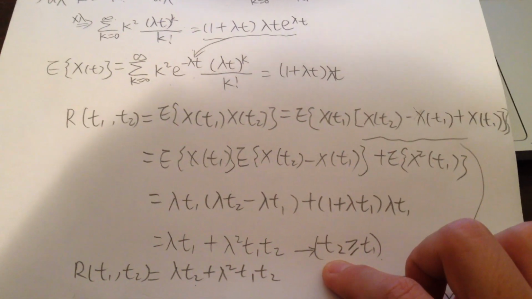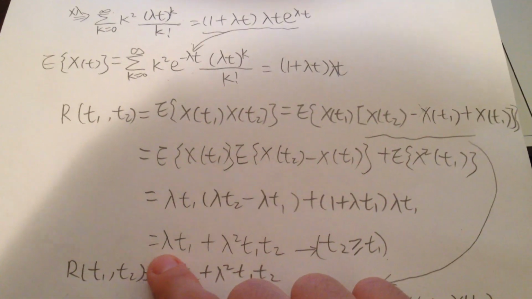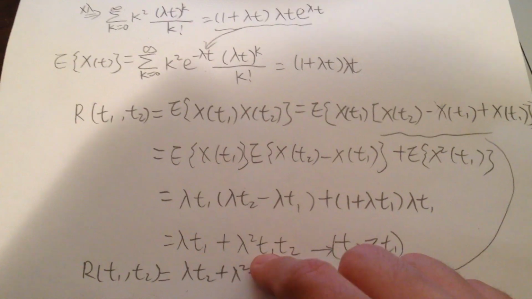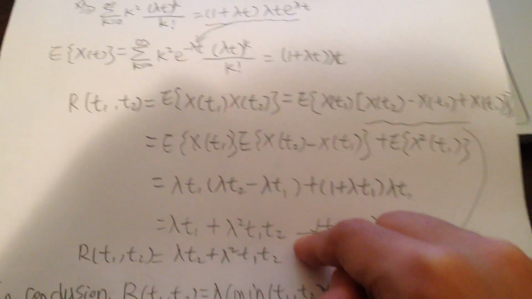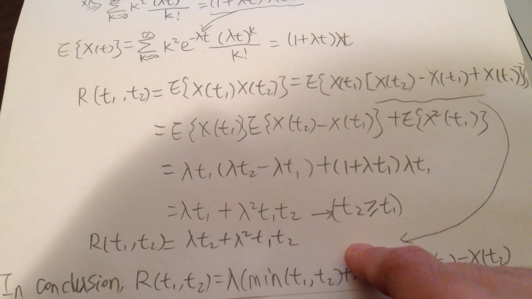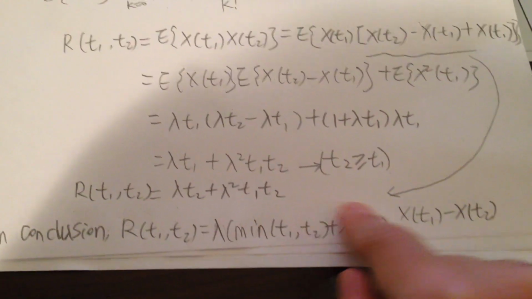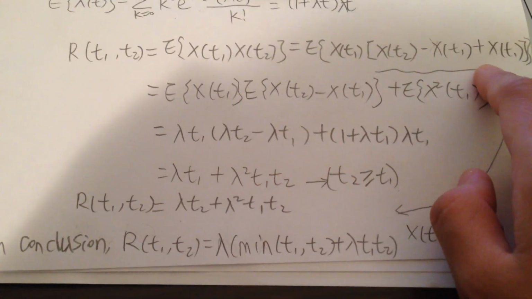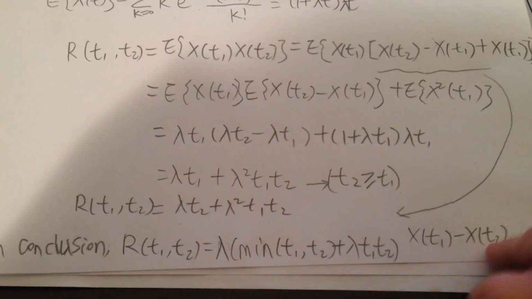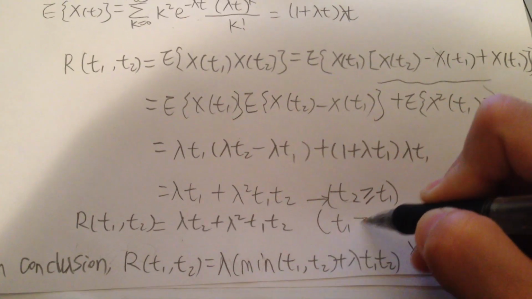If t2 is greater than t1, the answer is lambda t1 plus lambda squared times t1 t2. If t1 is greater than t2, then we should change this part to X(t1) minus X(t2).